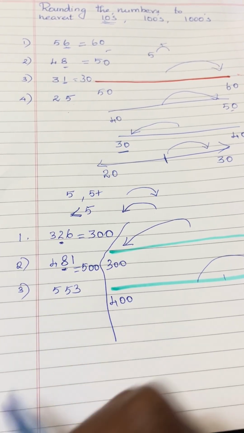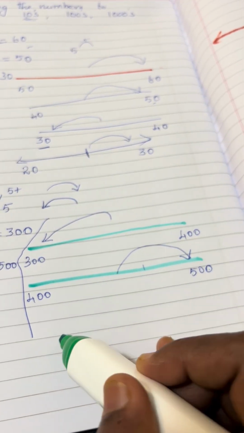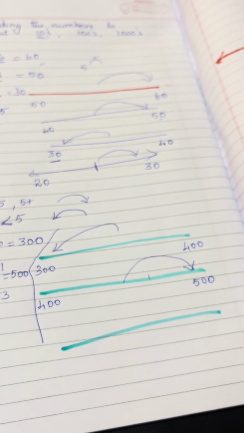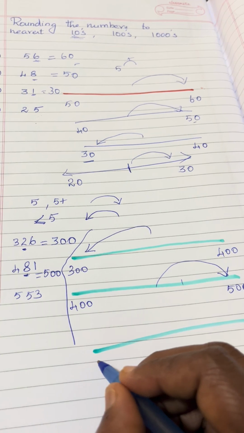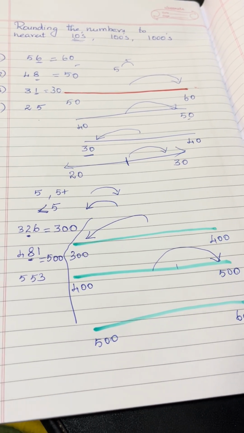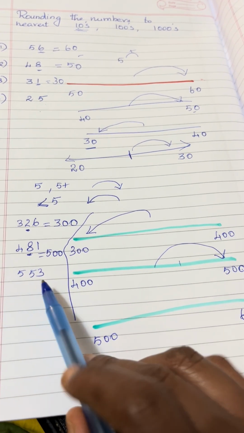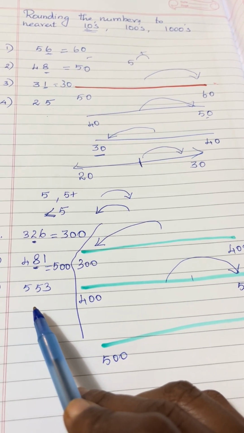Okay, let me separate this. The next one, 553. Let's go for 553. So where is 553, kids? 553 lies between 500 and 600. Which is the place you're supposed to look now?